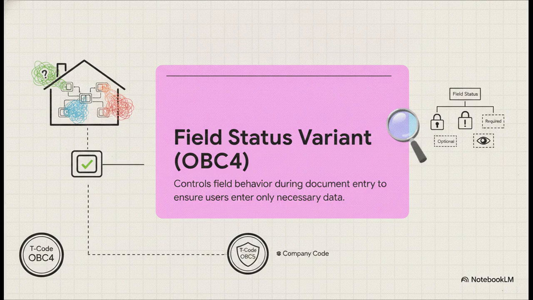It essentially dictates whether a field is optional, required, suppressed entirely, or just set to display only. This makes sure users are only entering data into the necessary fields for specific transactions, which keeps your database flawlessly clean. And remember, just like the credit control area, this variant must be assigned to the company code, this time via T-code OBC5, to actually take effect.